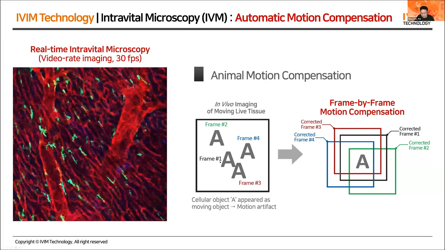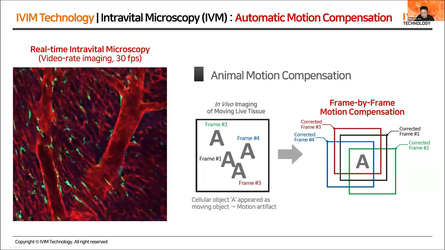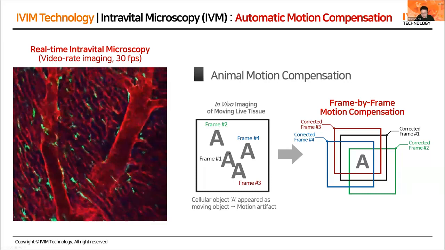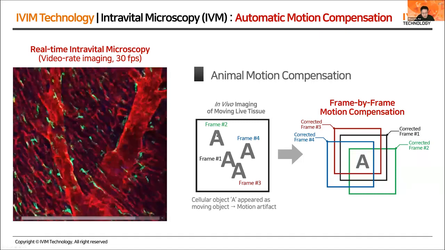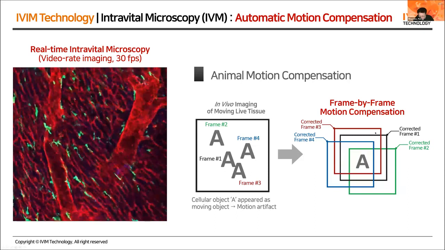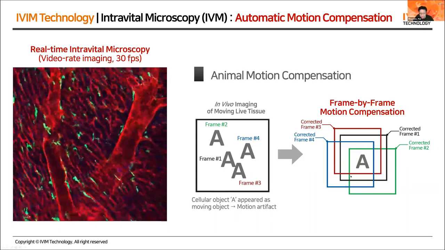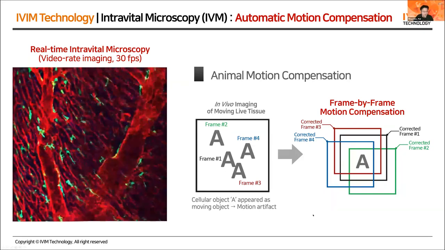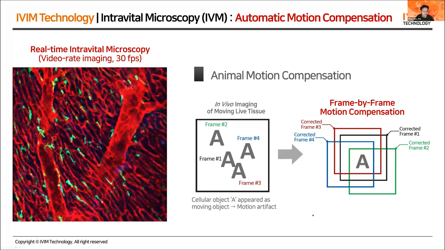If you look here, frame number 1, 2, 3, 4, you can see the same object, the same vessel, moves around like this. And we just correct it frame by frame, and then we can stabilize the motion and get this high SNR image data.